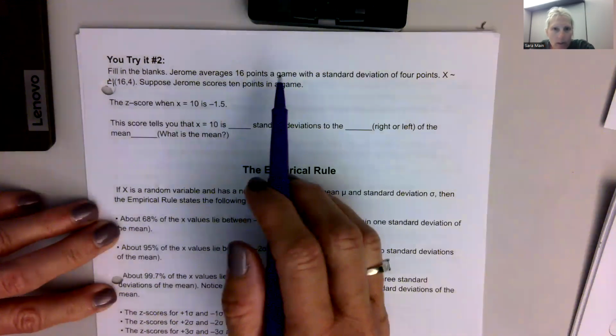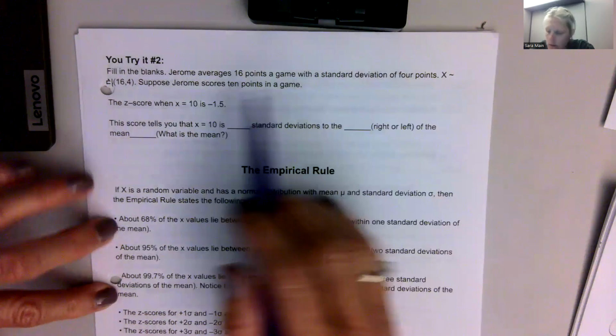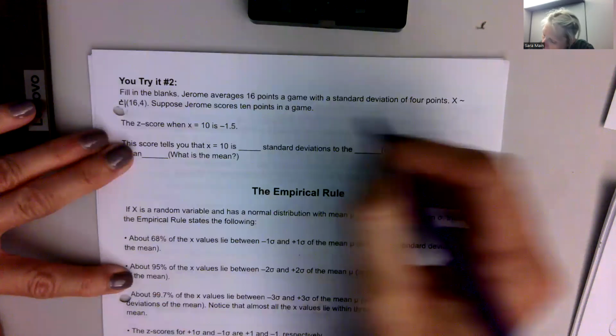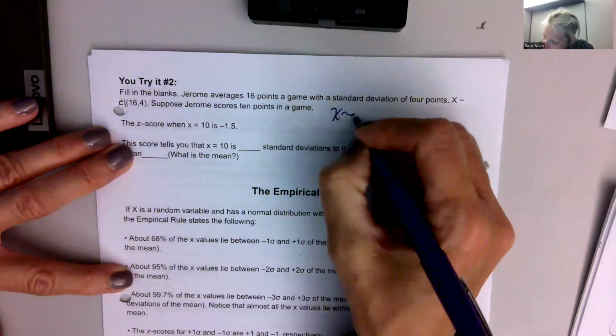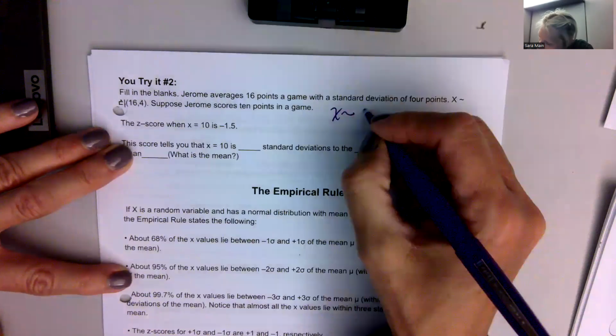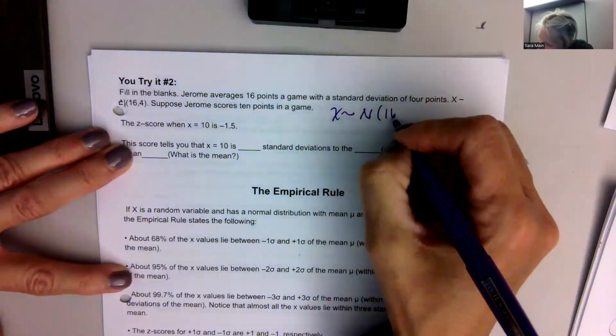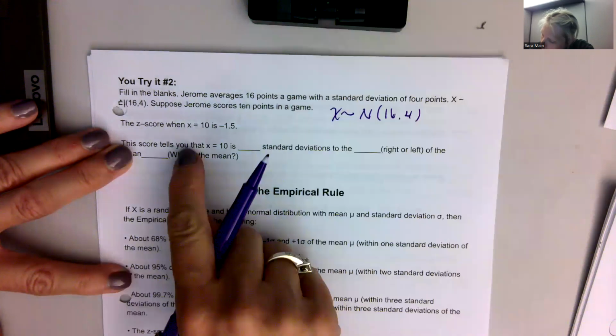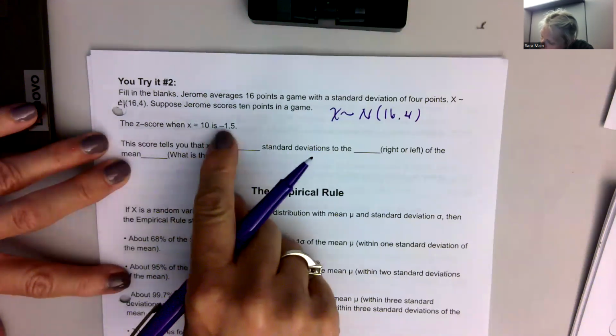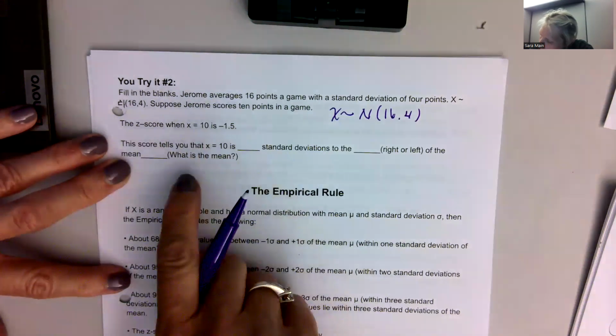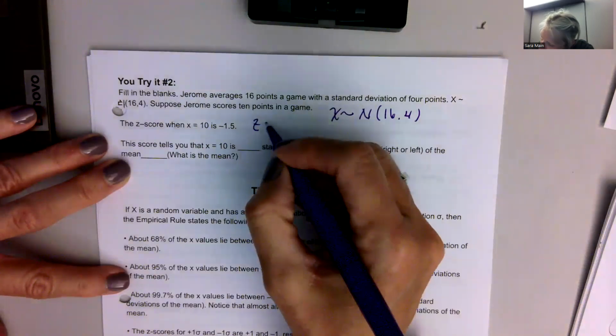Jerome averages 16 points a game with a standard deviation of 4 points. So x is distributed as normal with 16, 4. The z-score when x equals 10 is negative 1.5. Let's verify that.